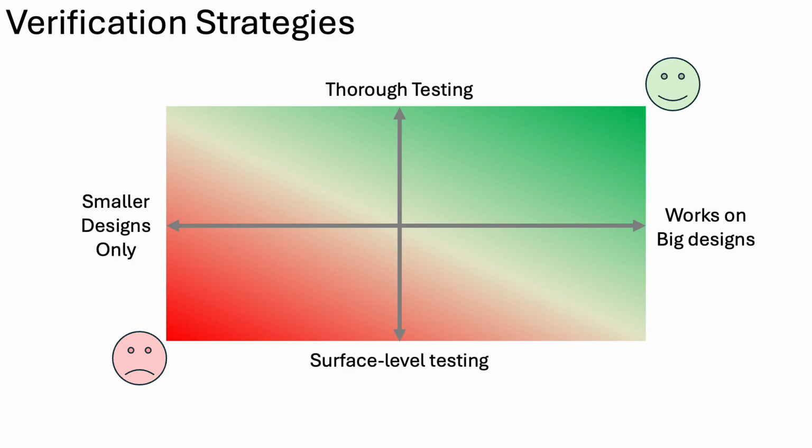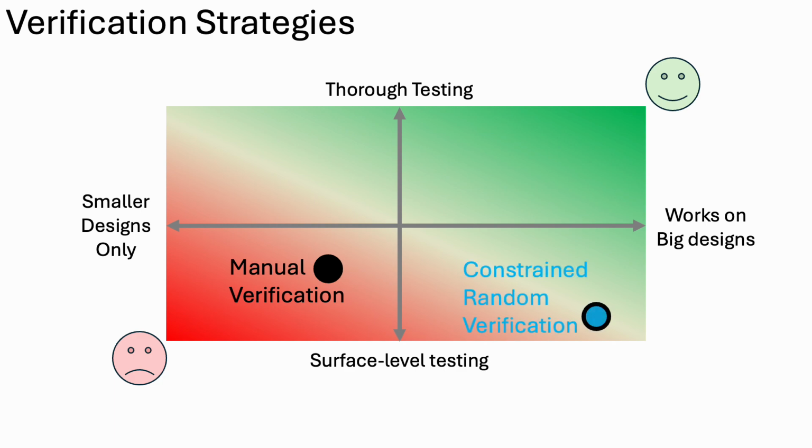So you can see if you put the strategies we know so far on these two axes, manual verification sits here where it doesn't really scale well to bigger designs just because of the human bottleneck, and it's also surface level in that humans can't come up with all of the edge cases.